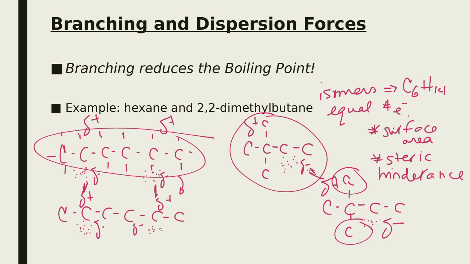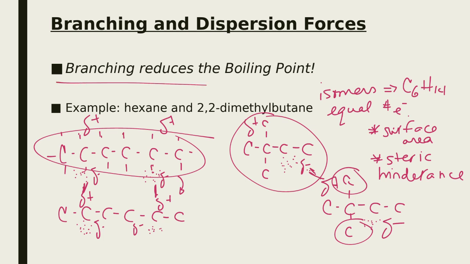They get in the way. And if you were trying to stack these close together, it's not going to work. Because these branches get in the way and they cause there to be a natural distance that has to happen between molecules, which lowers the attraction, lowers the dispersion forces.